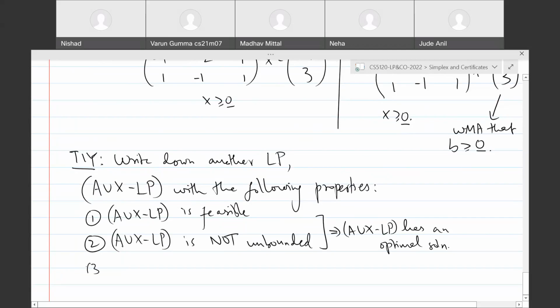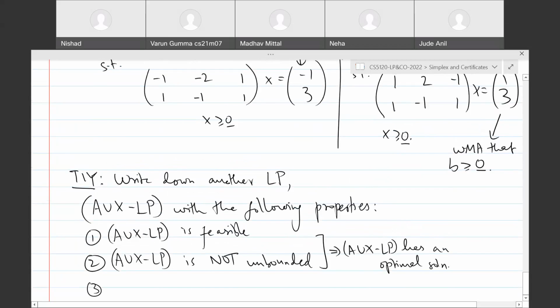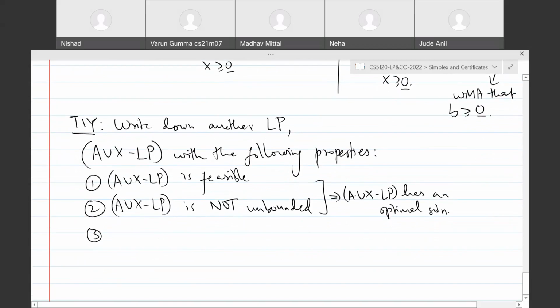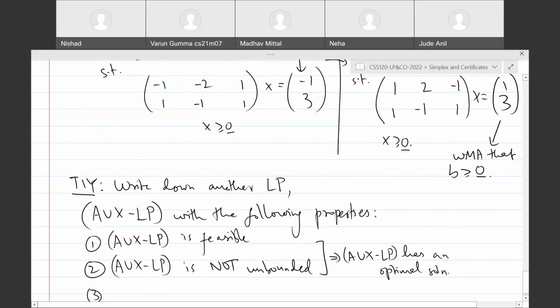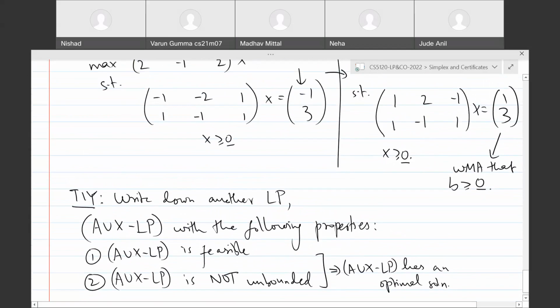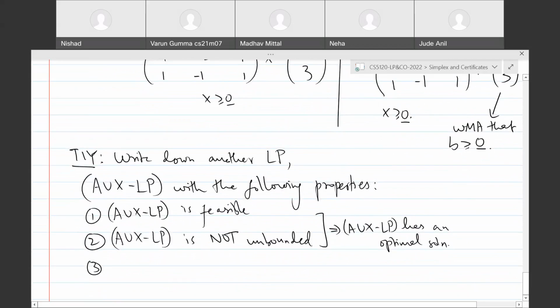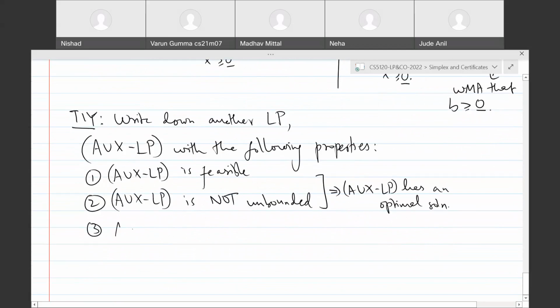And finally, I want that the auxiliary LP will have optimal value 0 if and only if the original given LP is feasible.